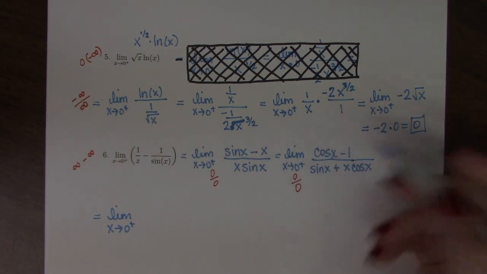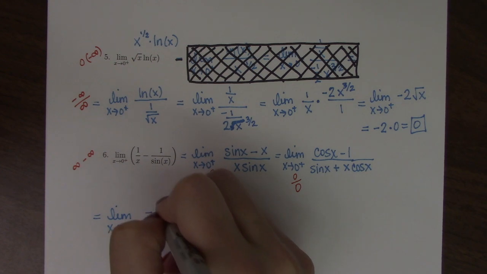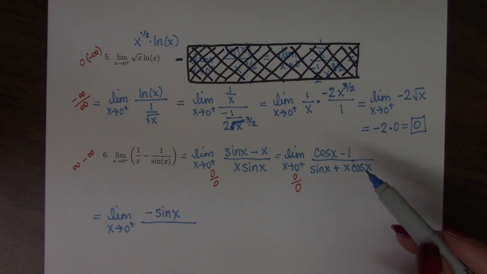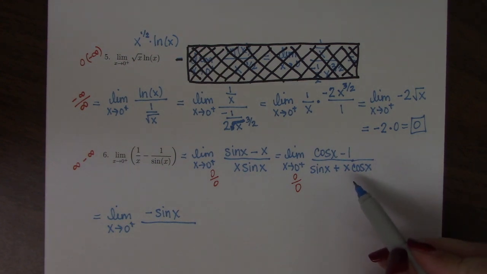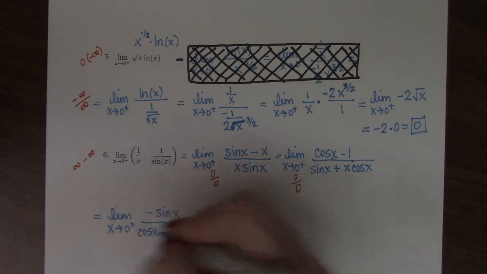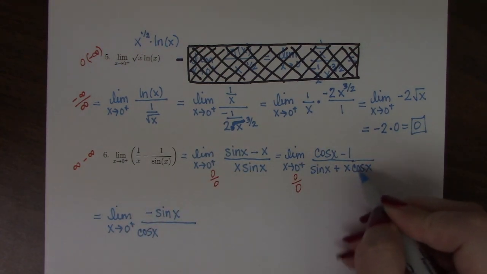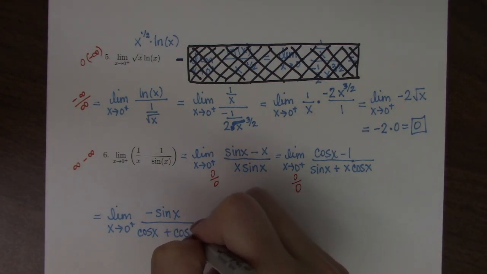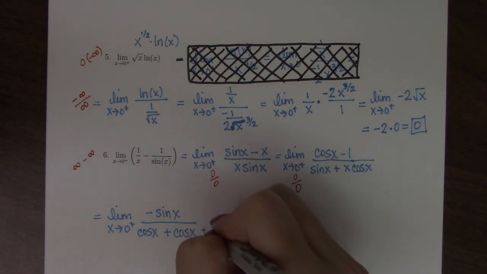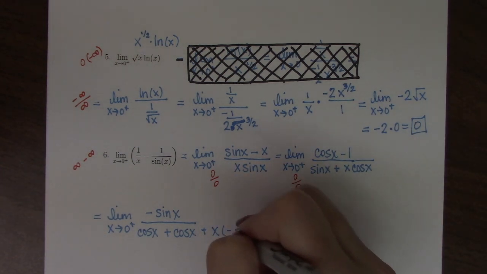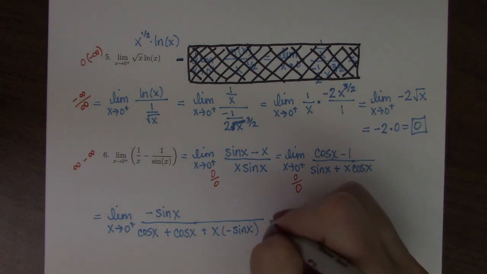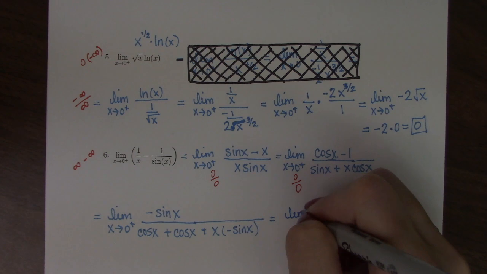Now when I take the derivative of the numerator, I get negative sine x. And when I take the derivative of the denominator, sine of x becomes cosine x, but I have to apply the product rule for this piece. The derivative of the first times the second just gives me cosine x, plus the first term times the derivative of cosine, which is negative sine x. Now I'm going to clean this up just a bit.